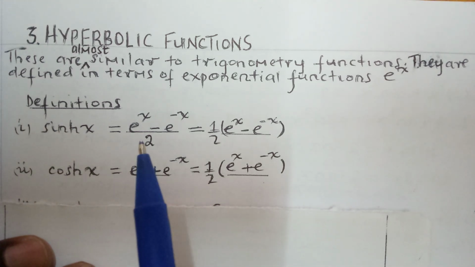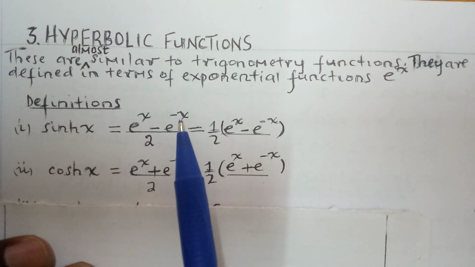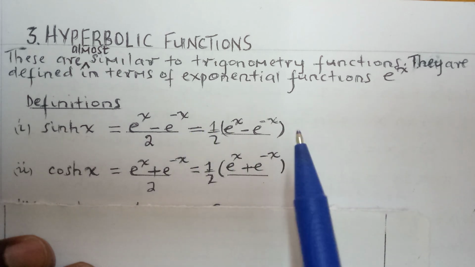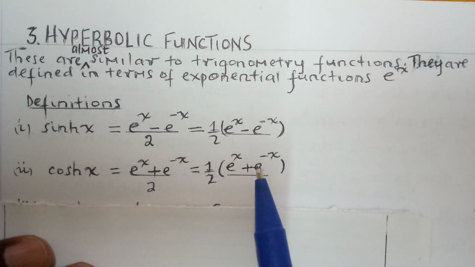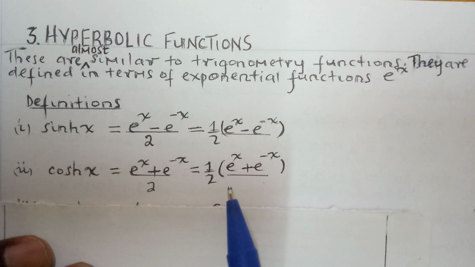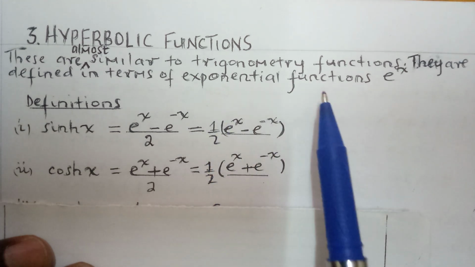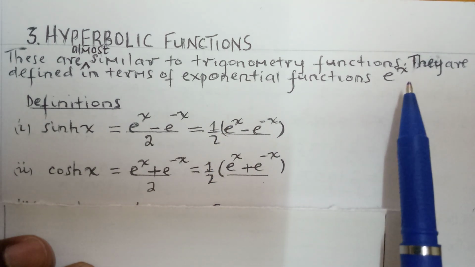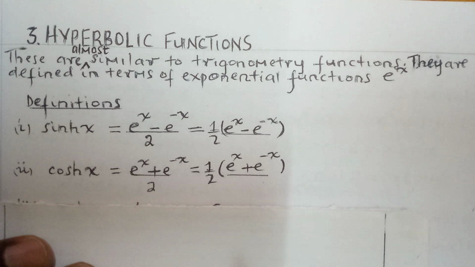The first thing we need to know is that hyperbolic functions are almost similar to trigonometry functions, and they are defined in terms of the exponential function e raised to x.